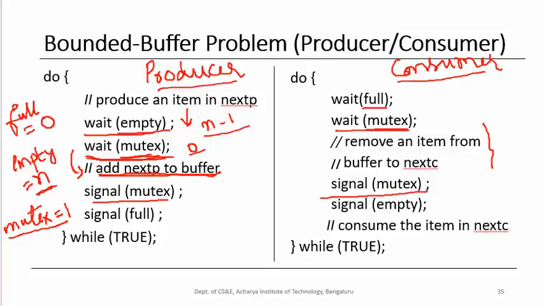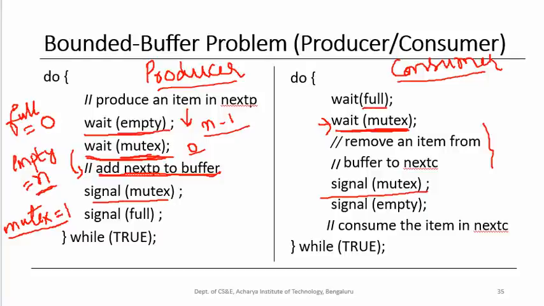Now if the consumer also tries to enter into the critical section, it will not be able to do so, because when it executes wait on mutex, the value has become 0, so it waits. It will not be allowed to enter into the critical section.